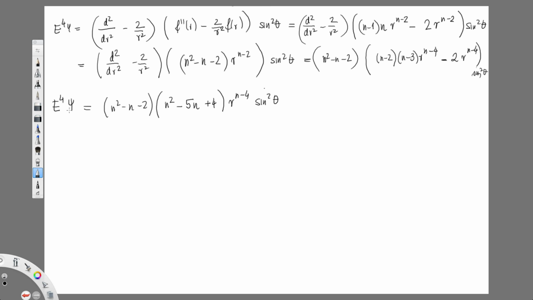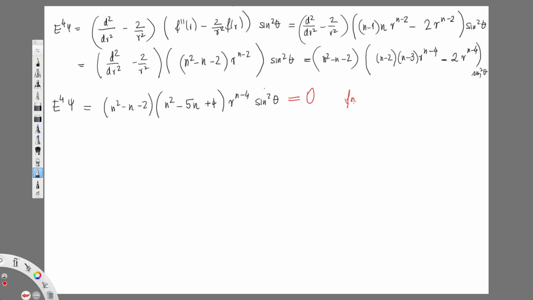Are we agreeing with this algebra so far? It's boring, but it's straightforward. So this has to be equal to 0. And as an operator, if e to the 4 of c of r theta as a function is going to be equal to 0, it has to be equal to 0 for all r and all theta, right?